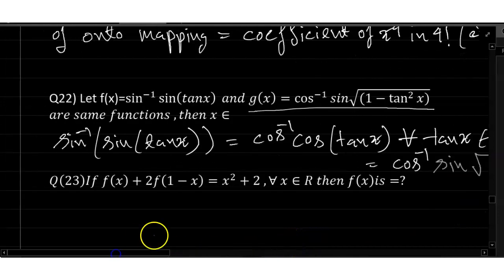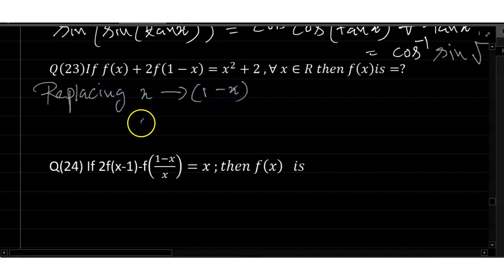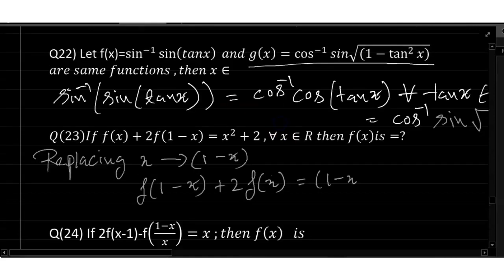Next problem number 23. f(x) plus 2f(1 minus x) equals to x square plus 2, then x belongs to R. So find out f(x).